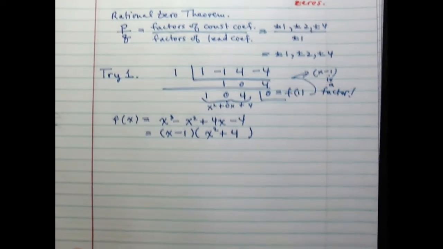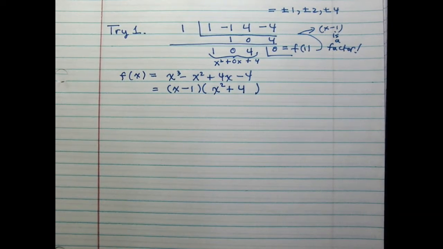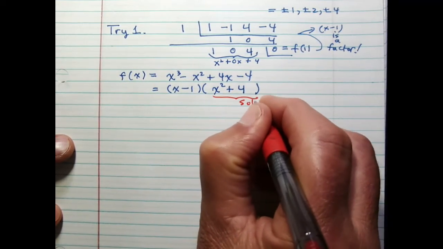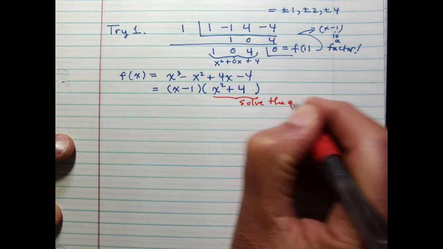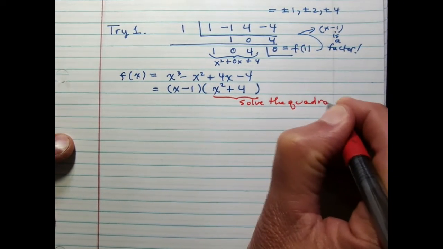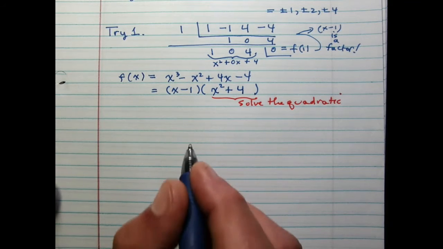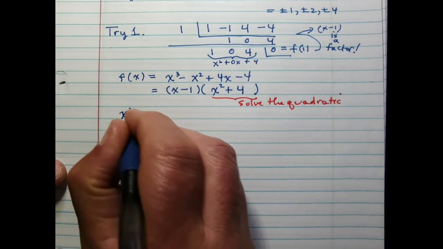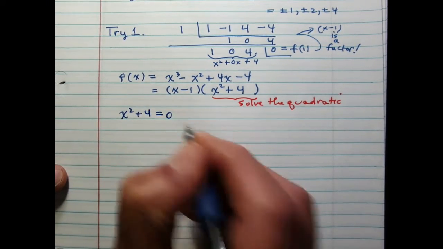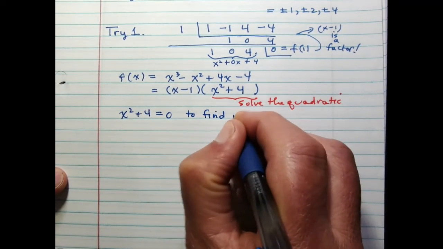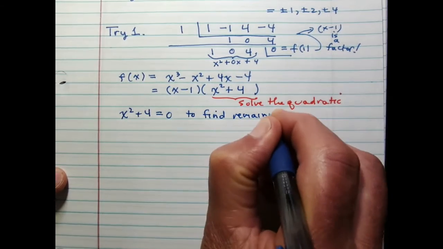And now, since we have a quadratic, we can just try to solve the quadratic, right? We can just try setting x squared plus 4 equal to 0 to find remaining zeros.